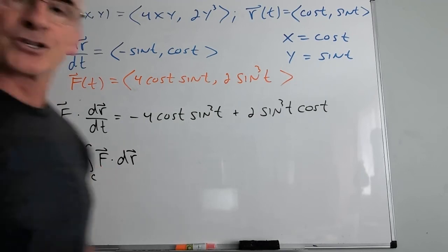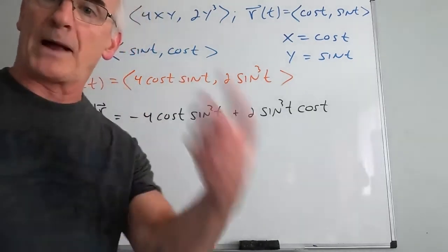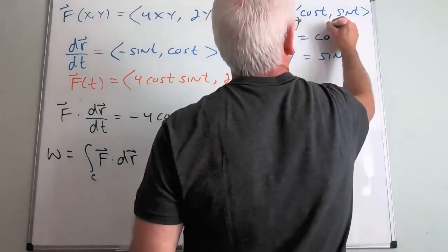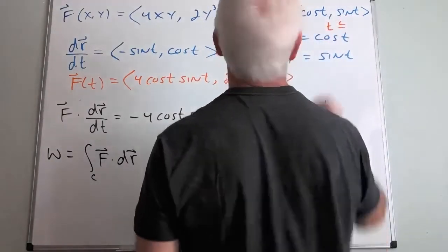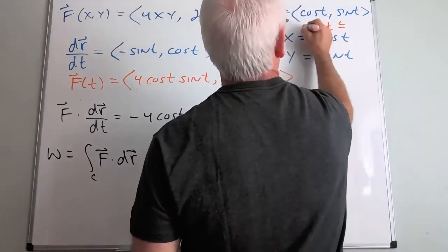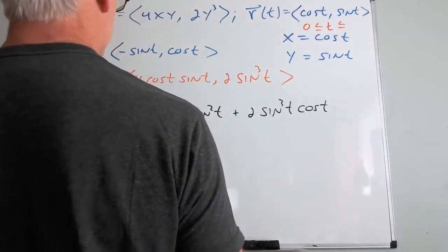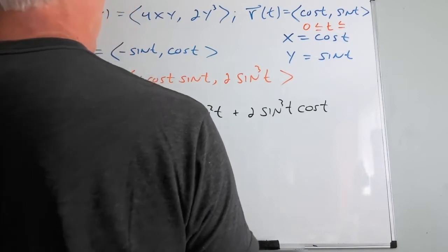What I didn't mention was, what was our path? We're moving on a circle, and let's say we're doing one complete loop of the circle. Actually, no, let's not do one complete loop.